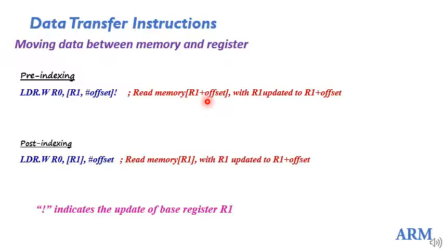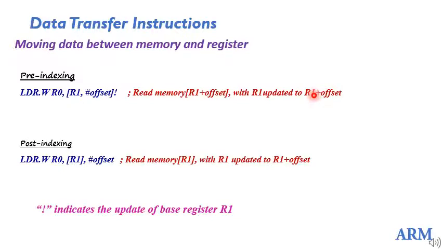But R1 will not be updated; it will have the original base value. The presence of this exclamation mark enables the base register to be updated to R1 plus offset.